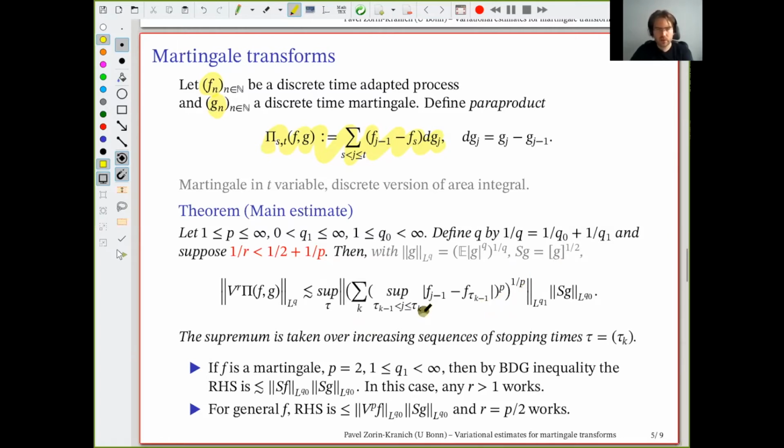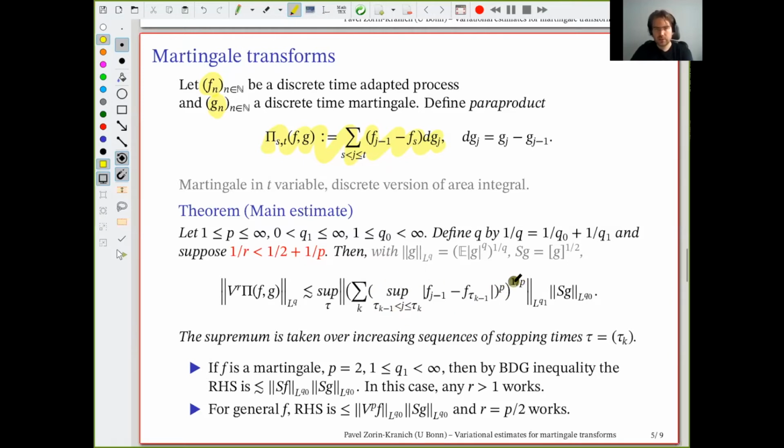There are two cases. If F is itself a martingale, then what do we see here? Here is a supremum over some subsequence of times. And then you can use a kind of vector valued BDG inequality to replace this supremum by a square sum.